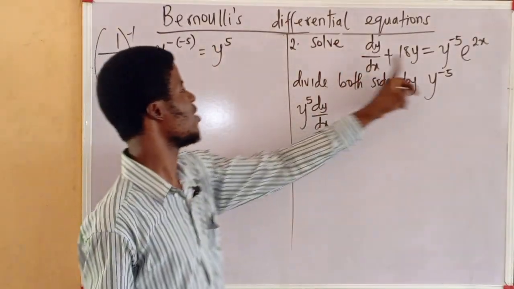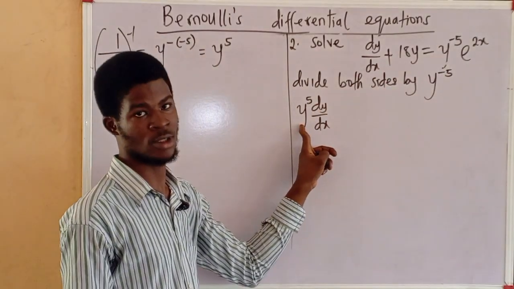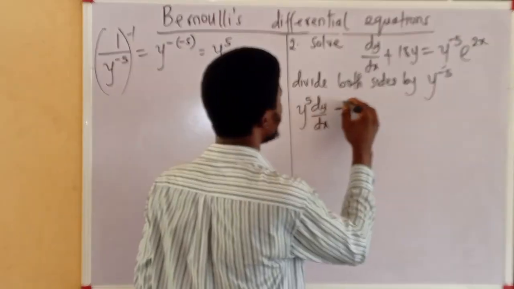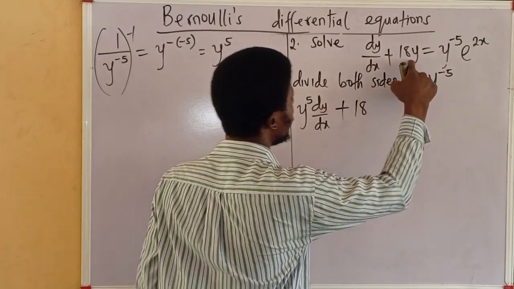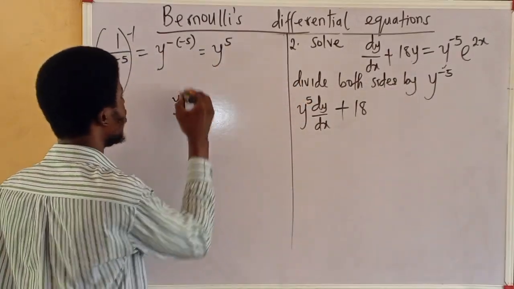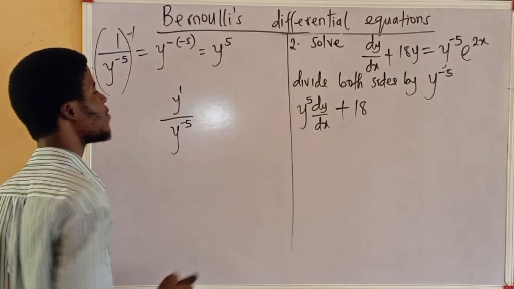So if I divide this by this, I'm going to obtain 1 over this, which is equivalent to this, plus 18 times y to the power of 1, divided by y to the power of minus 5.